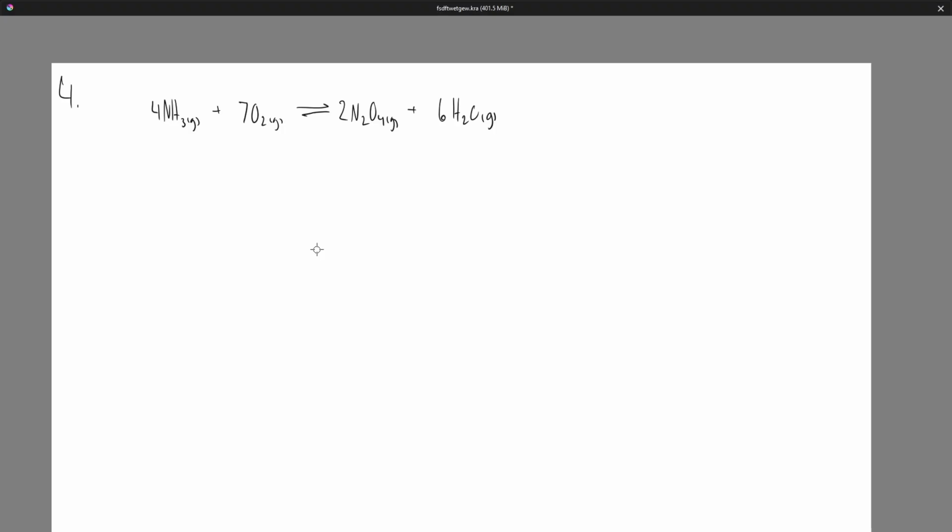Okay, so number 4 says, for the reaction between ammonia and oxygen gas, a flask was filled with 2.40 molar ammonia gas and 2.40 molar oxygen gas at a particular temperature. At equilibrium, the concentration of dinitrogen tetroxide equals 0.134 molar.